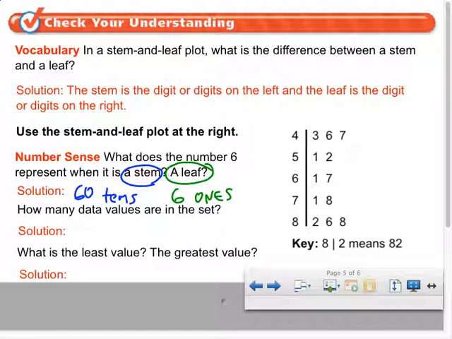Jameson, can you help her out? It is 12. There are 12 values. 43, 46, 47, 51, 52, 61, 67, 71, 78, 82, 86, 88. That is 12 values.